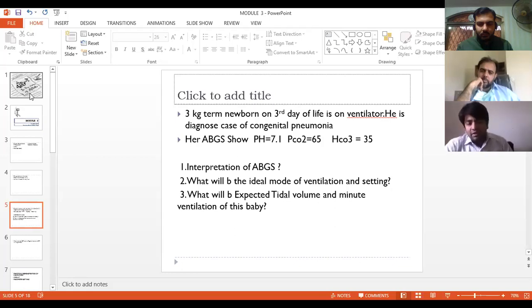Kindly interpret the ABG as discussed by Dr. Sunina in the second module. What will be the ideal mode of ventilation and the ideal setting to ventilate this baby, and what will be the expected tidal volume and minute ventilation of this baby?